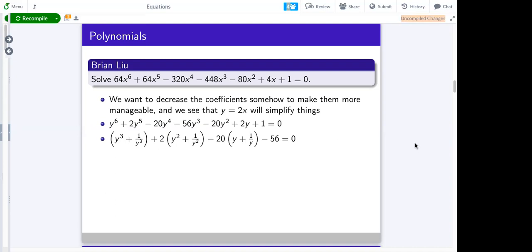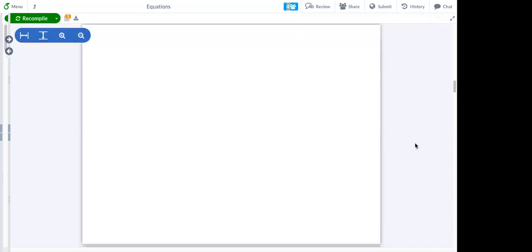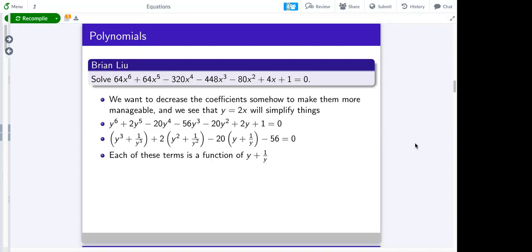Y squared plus 1 over y squared can be expressed as a function of y plus 1 over y. And y plus 1 over y can obviously be expressed as a function of y plus 1 over y. So we make this substitution of z equals y plus 1 over y in order to try to reduce the degree.